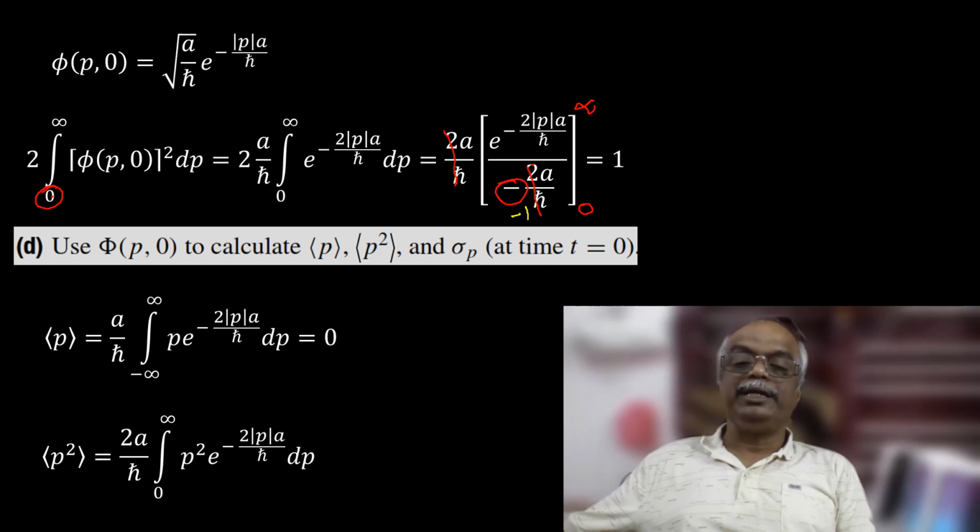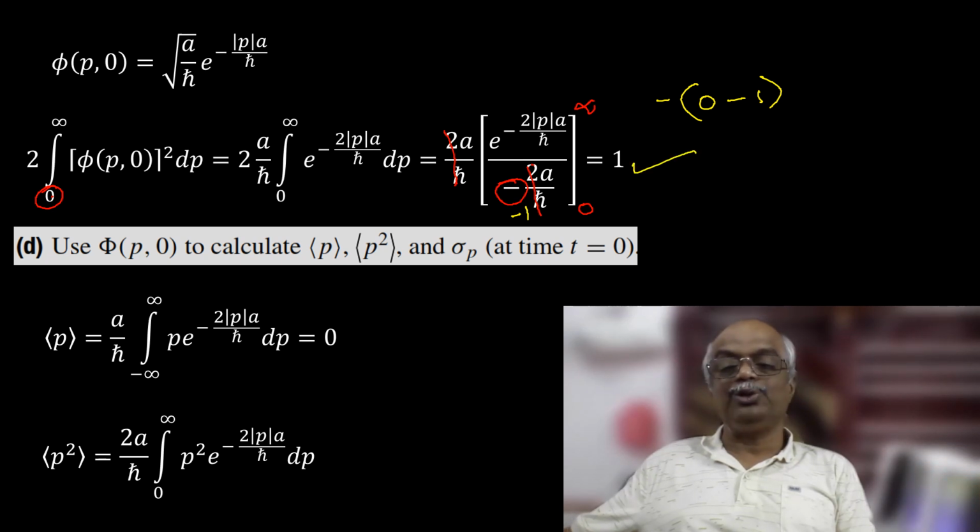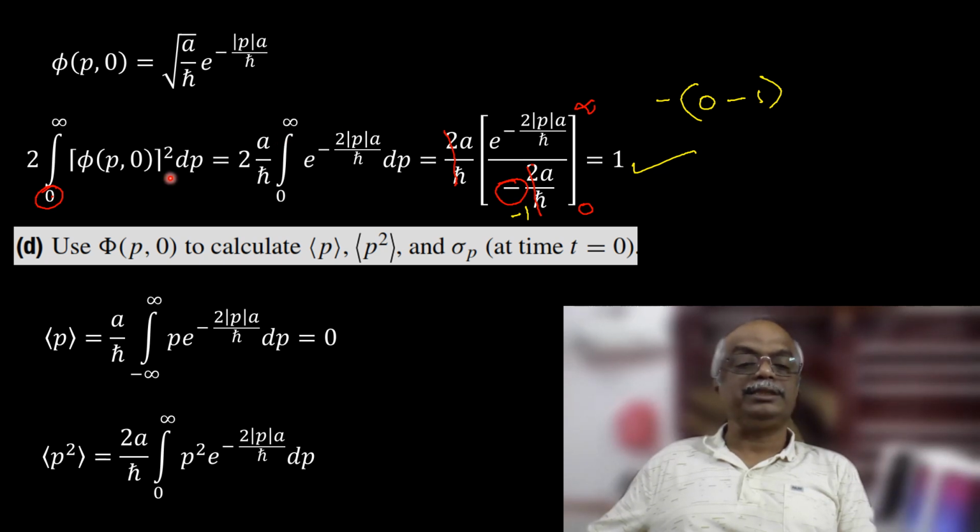Now you apply the limit for the numerator. Already you have minus 1. If you apply the maximum limit, e power minus infinity is 0. Then minus the lower limit, e power 0 is 1. So this will become minus of minus 1, which is equal to 1. So naturally this wave function is normalized.